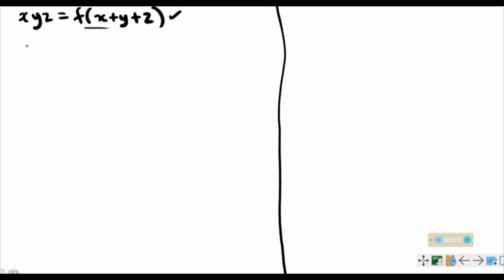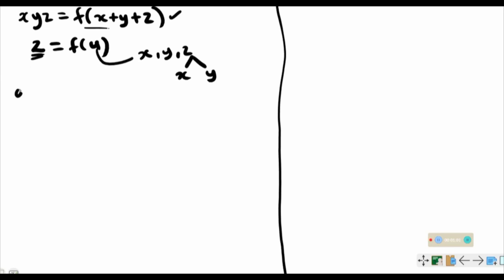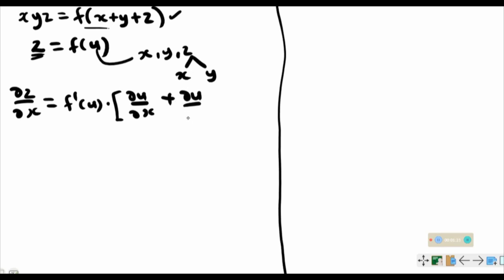When we started this lecture, we looked at the expression that whenever we are given z in the form of f of u, for which u is a function of x, y, and z is a function of x and y, then the partial derivative of z with respect to x is f prime of u times del u del x plus del u del z times del z del x.